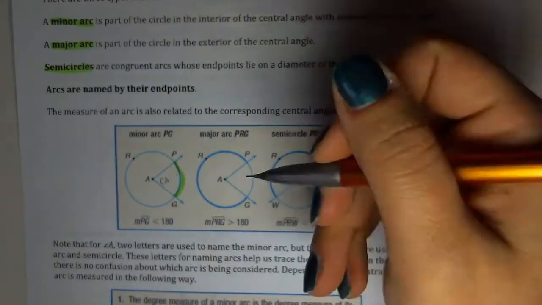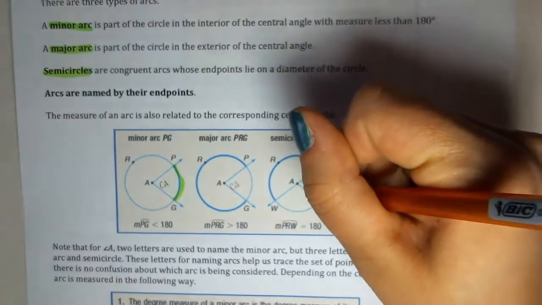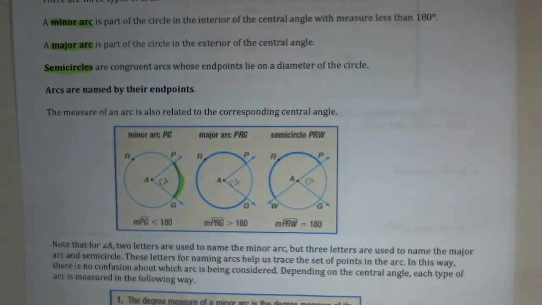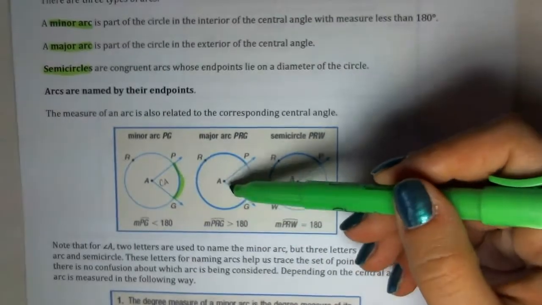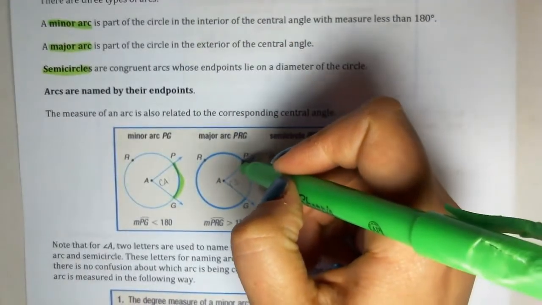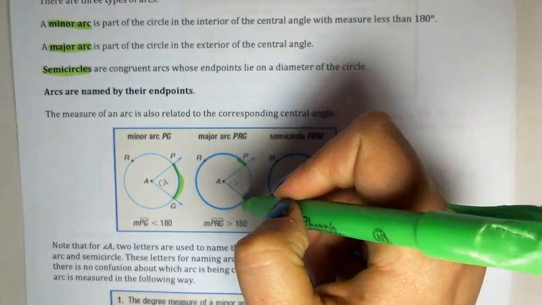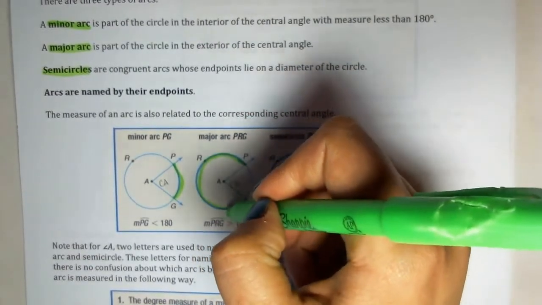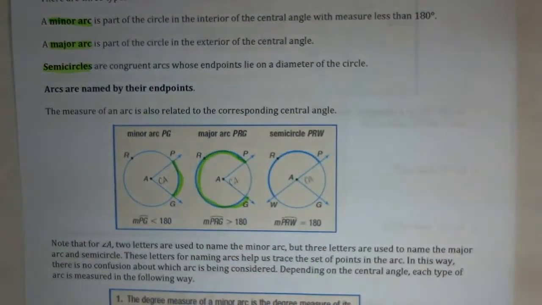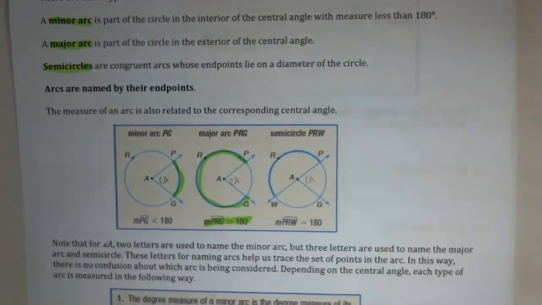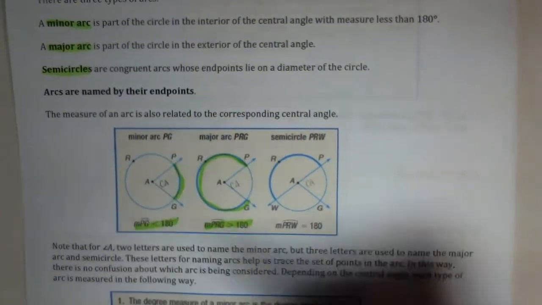Major arcs, let me label the central angle in all of these for you. There you go. A major arc is part of the circle in the exterior of the central angle. So if this is the interior of our central angle, the minor is this one. The major is the one around it. And it's greater than 180, whereas the minor arc is less than 180.